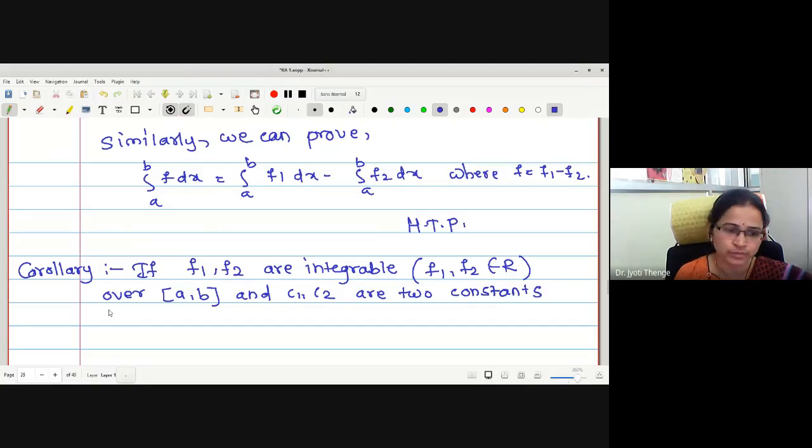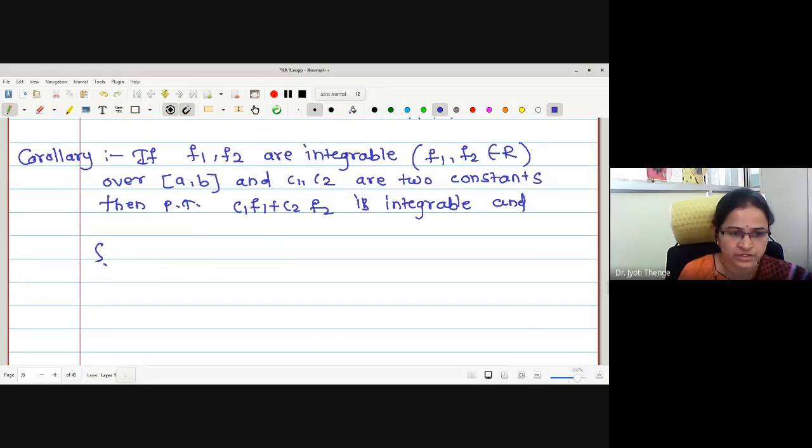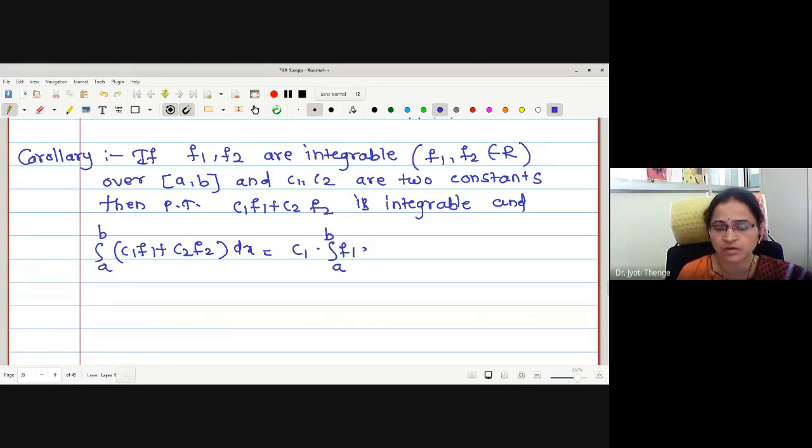Then prove that C1 F1 plus C2 F2 is integrable and integration A to B of C1 F1 plus C2 F2 dx is equal to C1 into integration A to B F1 dx plus C2 into integration A to B F2 dx.